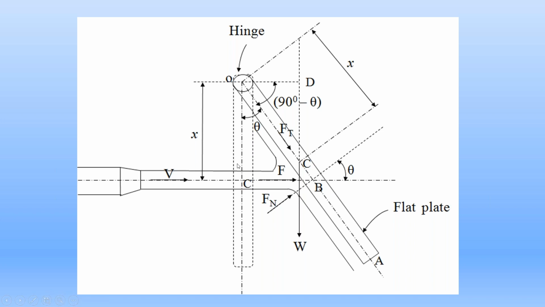We know that this is the impact of a horizontal water jet on a stationary vertical flat metal plate. We discussed this in condition 1, in part 1: the impact of a horizontal water jet on a stationary vertical flat plate.